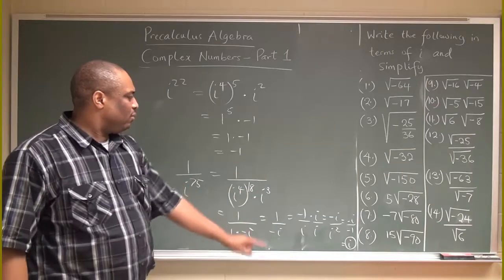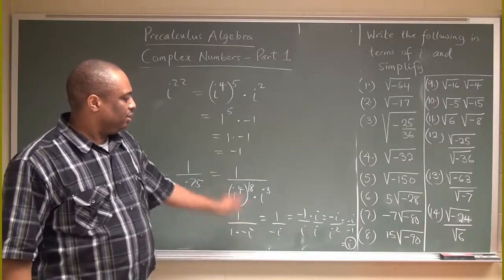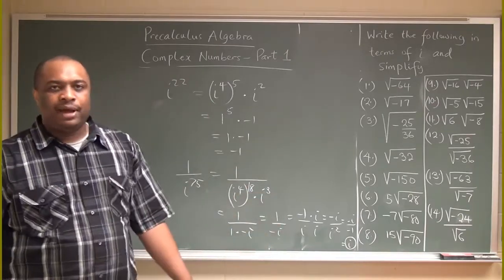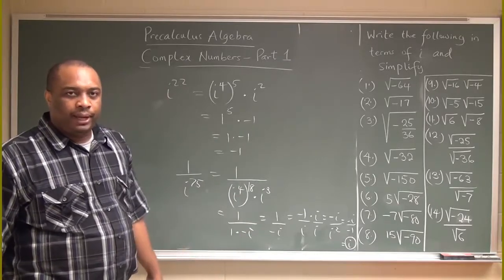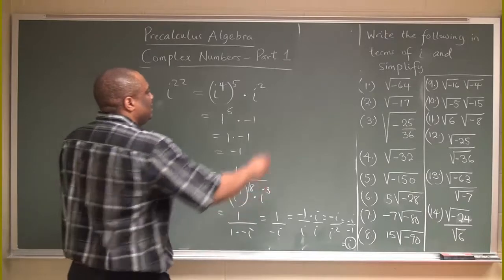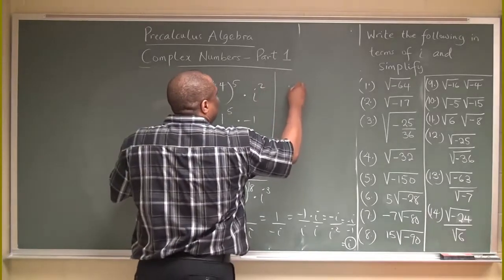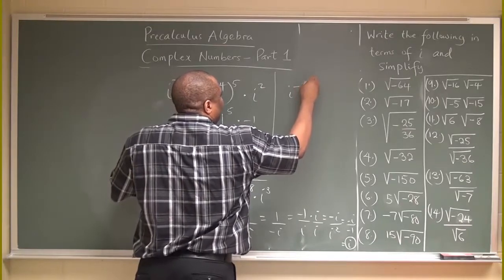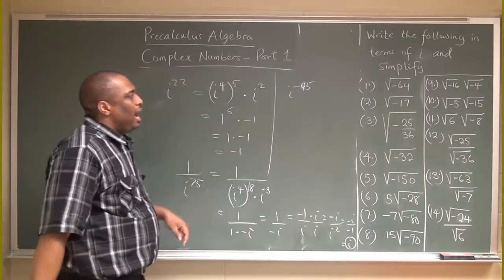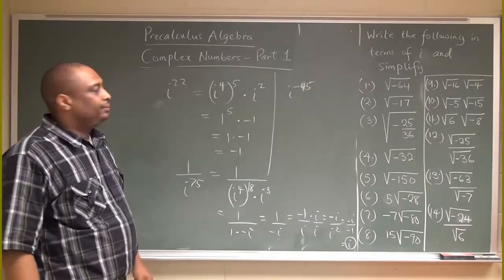Yeah, but no matter what they ask, for you to find in terms of i, you just have to do it right. Okay, they might ask i raised to power negative 45.